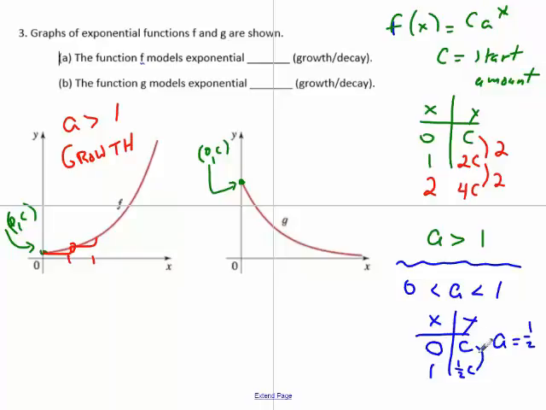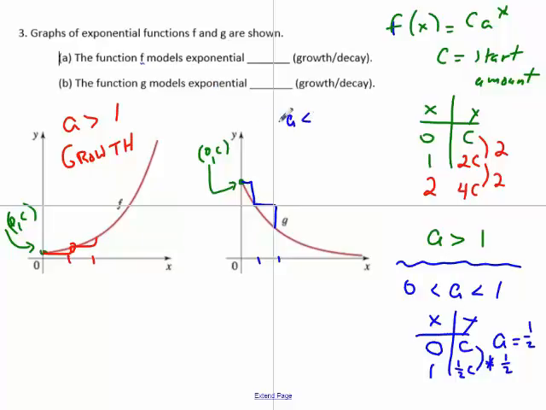And essentially, every time I move forward, I'm multiplying by my a, multiplying by 1/2, and making my values smaller. I go forward one step in my x, and I multiply by 1/2. I go another step forward in my x, and I multiply by 1/2. So if a is 1/2, that means a is between 0 and 1.